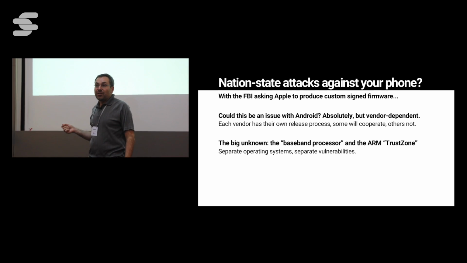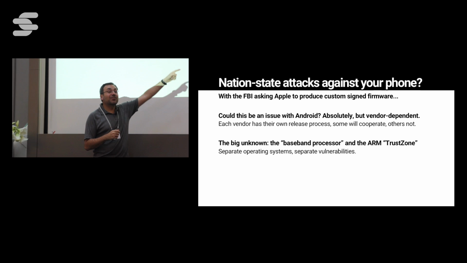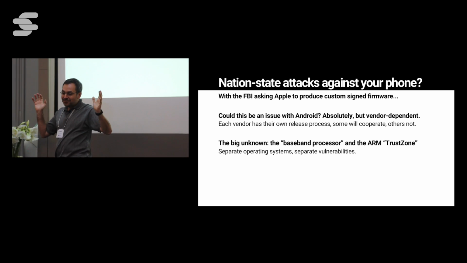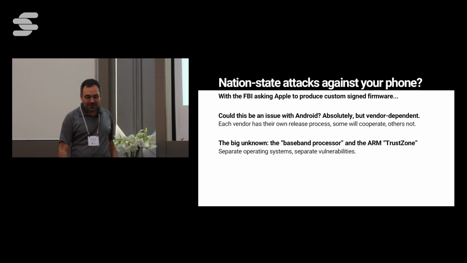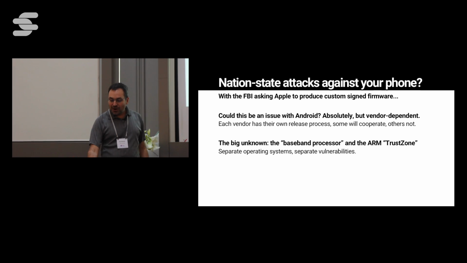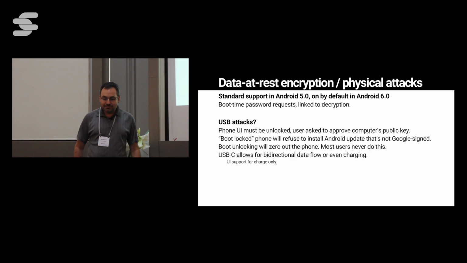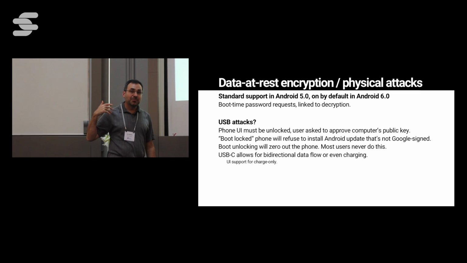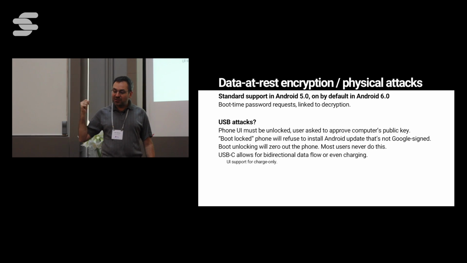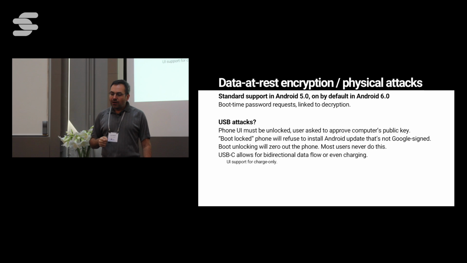Some recent researchers have found some exploitable vulnerabilities in TrustZone, which is supposed to be the thing that you can trust, and turns out it might not be. So who knows? Encryption was optional. A user could enable it in Android 5, and it's on by default in Android 6.